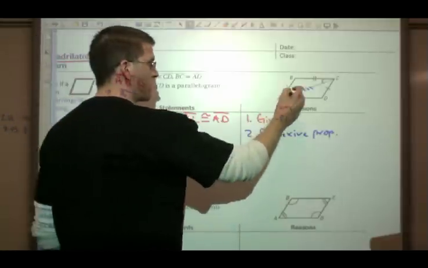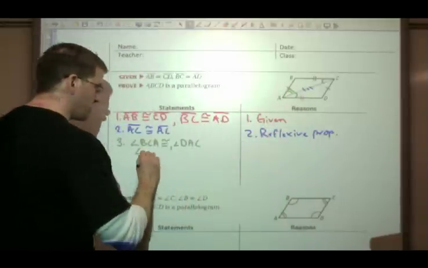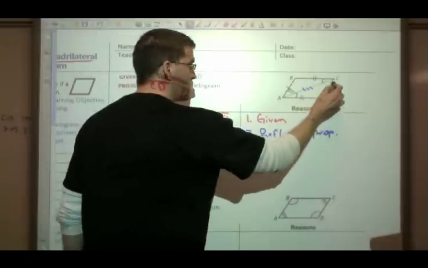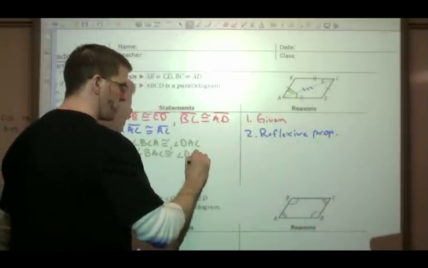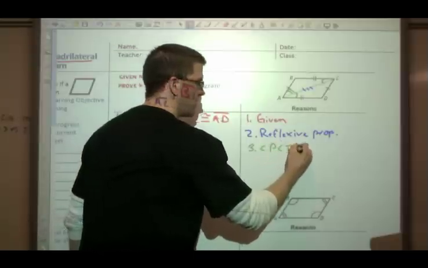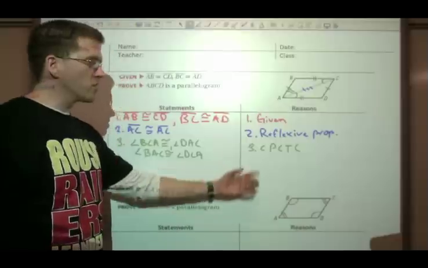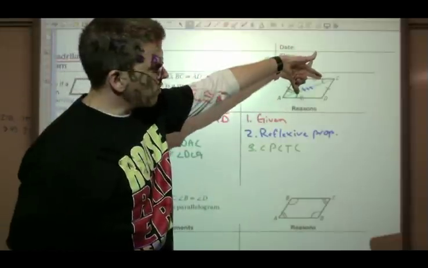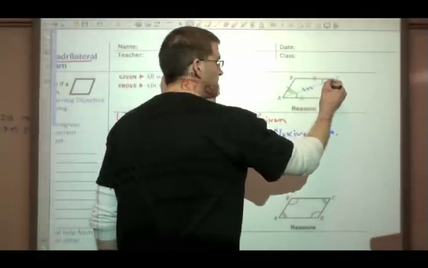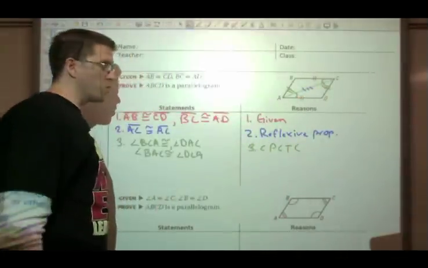Likewise, I can say that BAC is congruent to DCA. And the reason I can give for this is corresponding parts of congruent triangles are congruent. These two angles are corresponding in the two triangles, therefore they're congruent. And these two angles are in fact congruent as well.